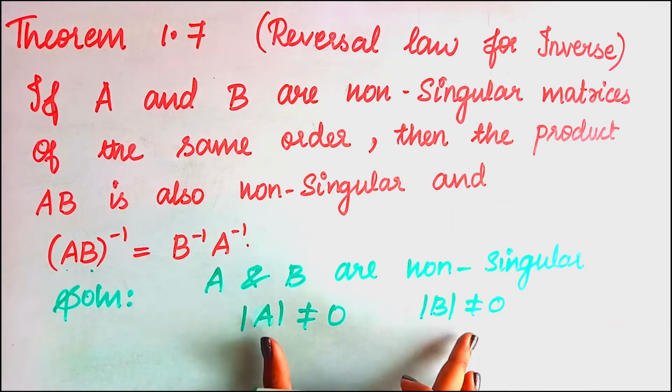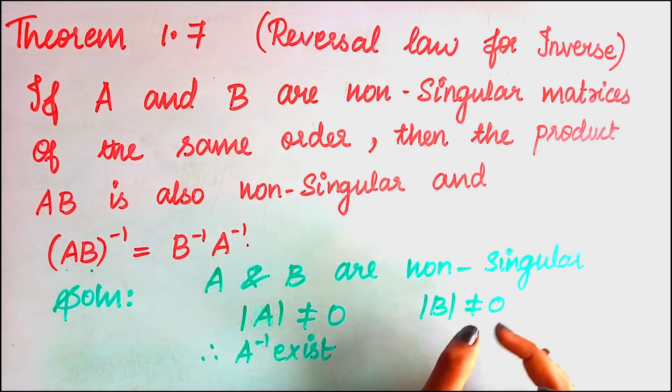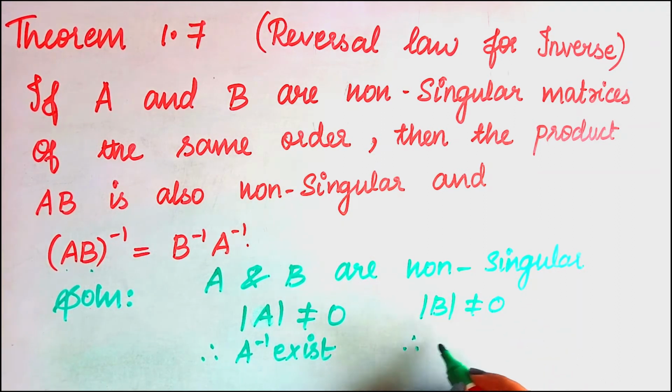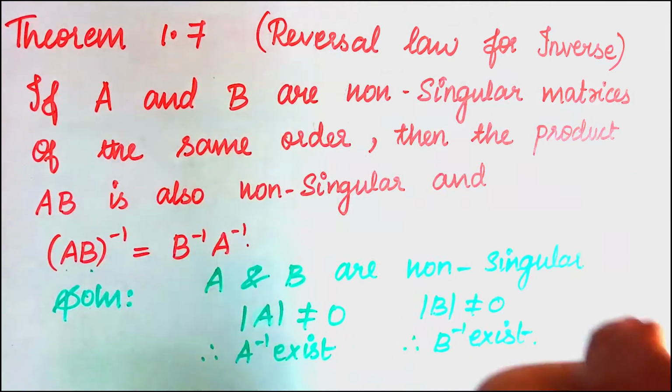This is the first condition. And then the second condition is therefore A inverse exists and B inverse exists. These are the conditions which we have taken from the given part.